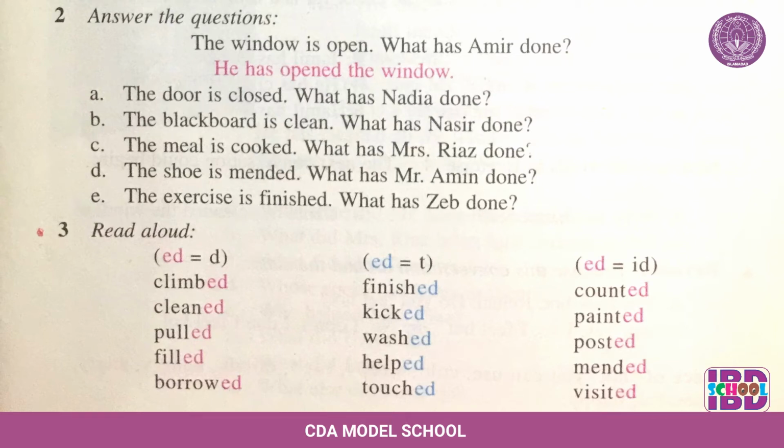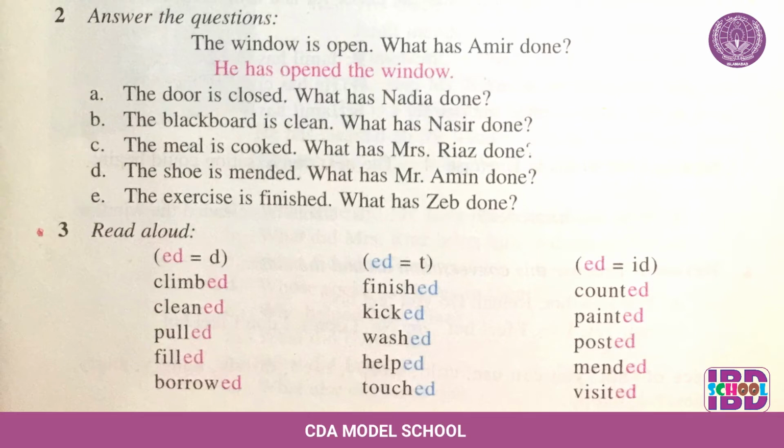Exercise 3 is read aloud. Here you are given some verbs with ed endings and how you will pronounce them. The first one is climbed. It ends at ed, but you will make the sound of d only. Climbed, cleaned, pulled, filled, borrowed. Next is ed endings sounding t.